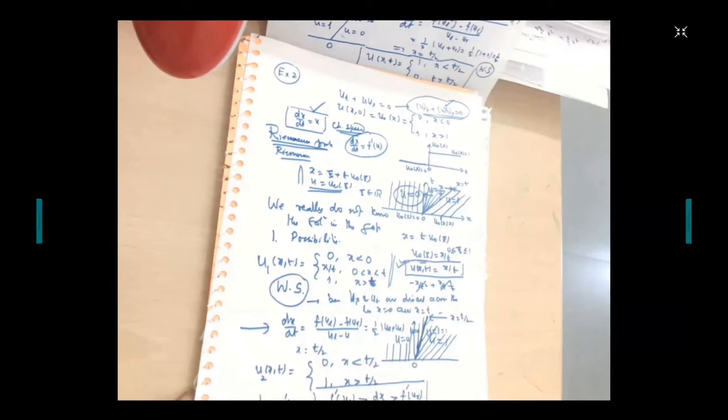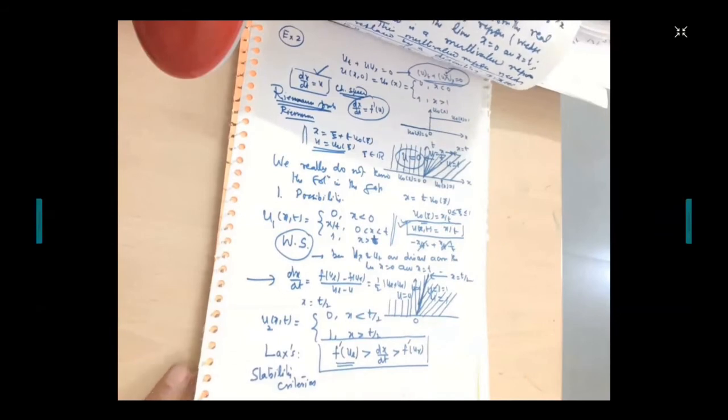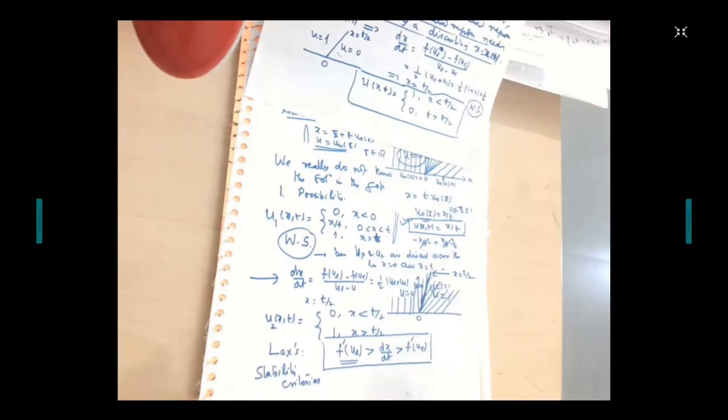So please scroll up the page. Lax's stability criterion: the characteristic speed on the left of the discontinuity is greater than the characteristic speed on the right of the discontinuity. Rather, the speed of the discontinuity is intermediate between these two values.